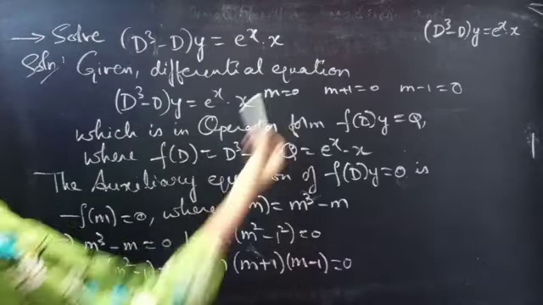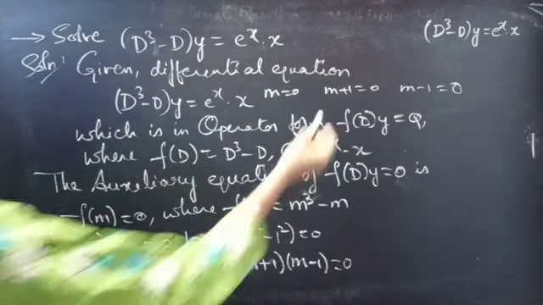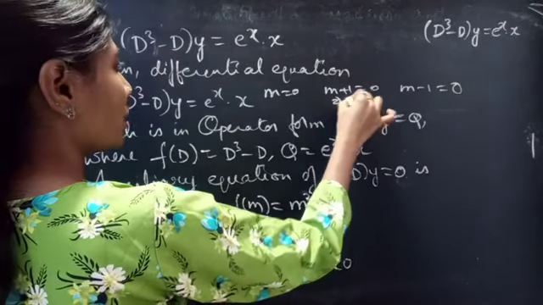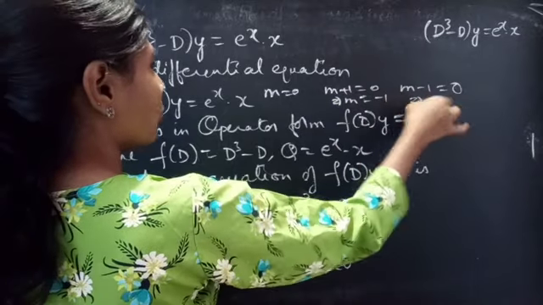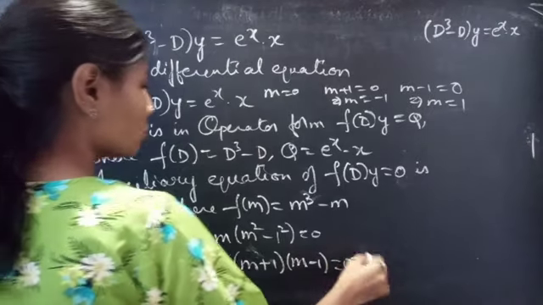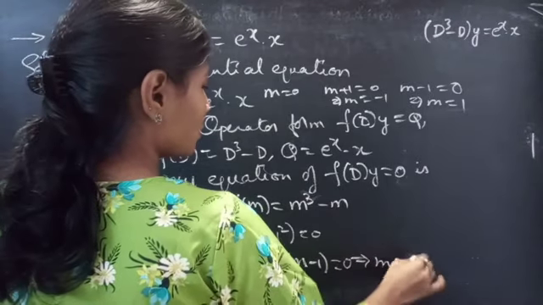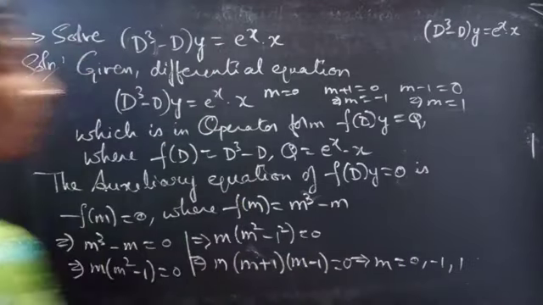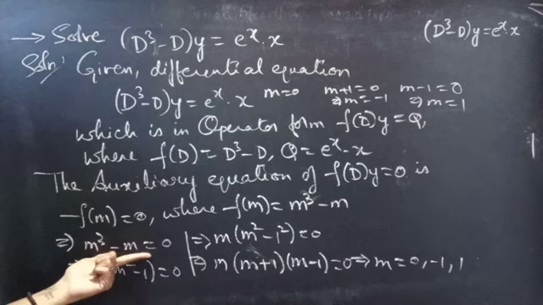Already m equals 0 is one root, and from m plus 1 equals 0, we'll get m equals minus 1, and from m minus 1 equals 0, we'll get m equals 1, right? Then m equals 0, minus 1 and 1 are the roots of our auxiliary equation.